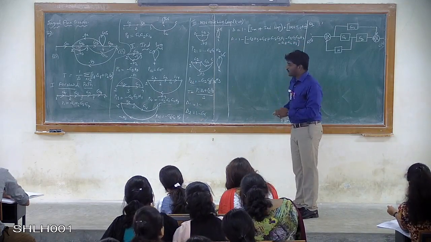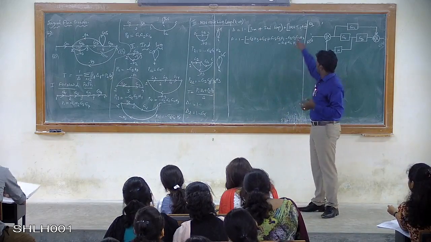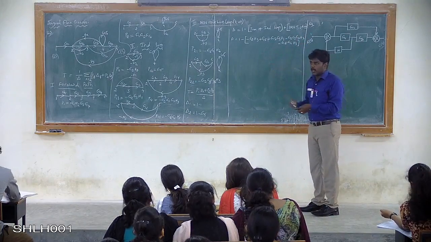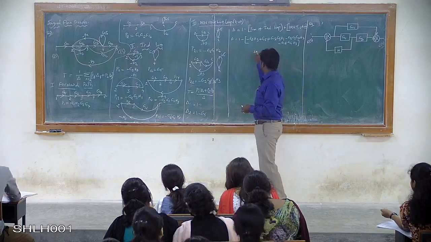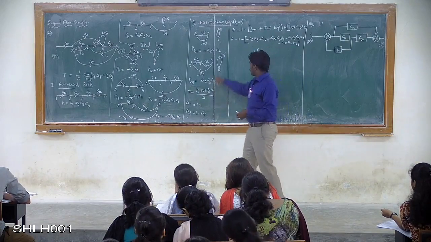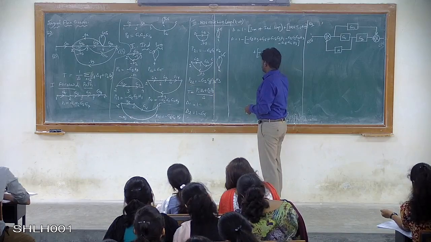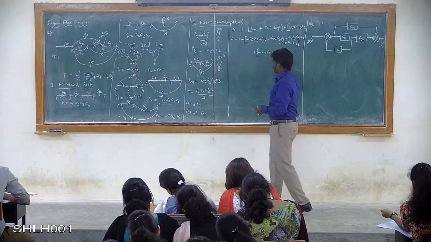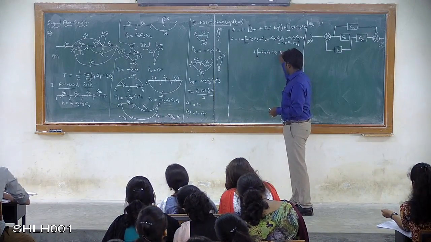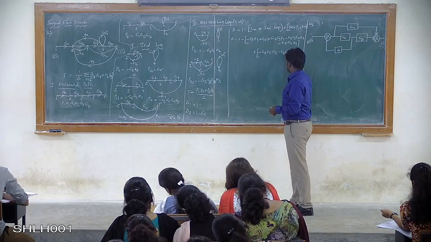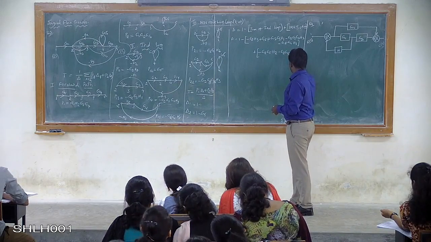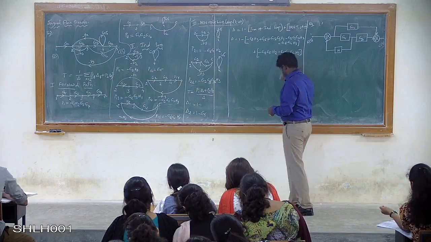After that, we will have to write down the two non-touching loop gain values also. That is plus, we have found two pairs. One is minus G2 G5 H2, then minus G2 G5 G6 into H3.